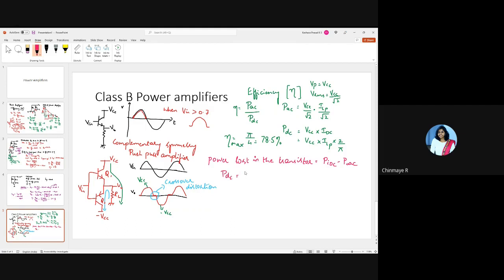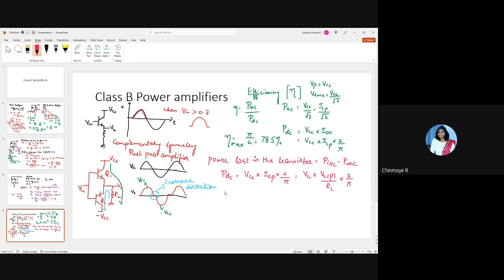PDC is equal to VCC into IL of peak into 2 by pi. Correct? So IL of peak can be written as VL of peak by RL, into 2 by pi.